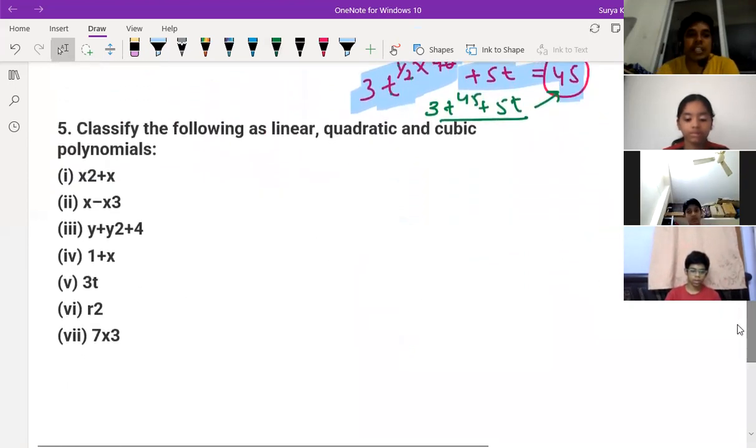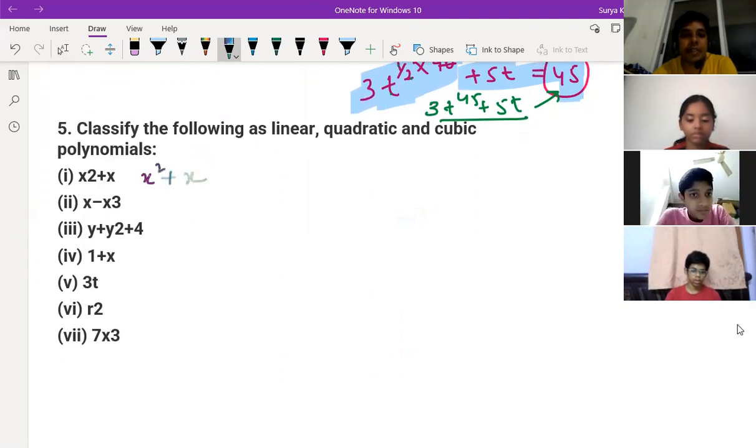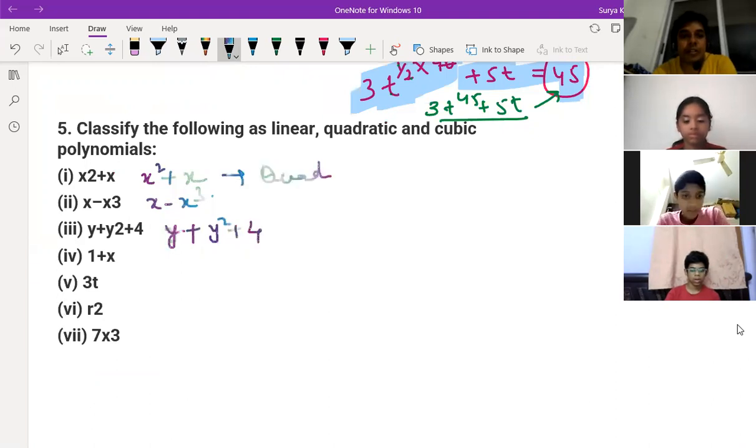Next, we'll move to question number 5. Classify the linear, quadratic, and cubic polynomials, children. Linear, quadratic, and cubic. x square plus x. Tell me, Sai Charan. Quadratic. Yeah, sir. Okay, this is quadratic. Next, Shriyanvi, next question.